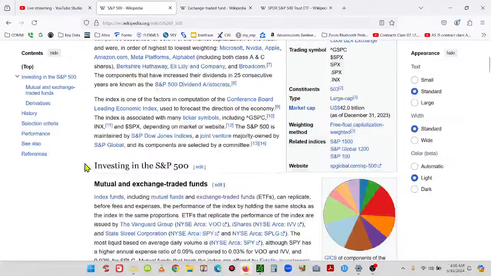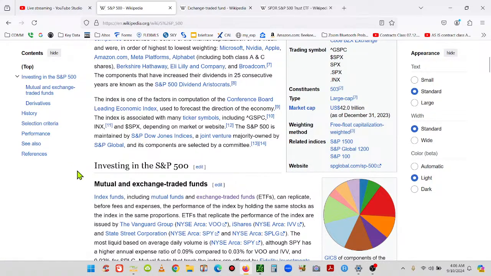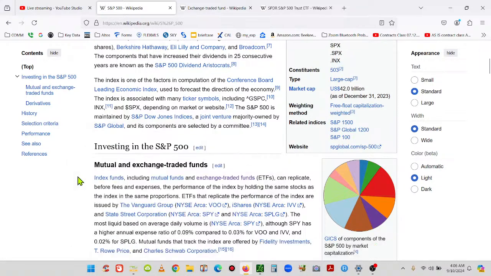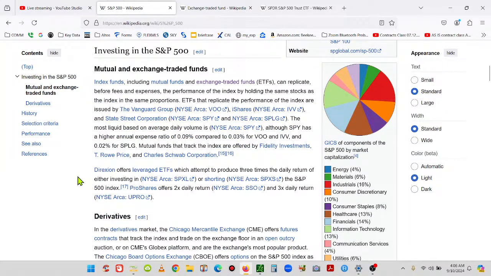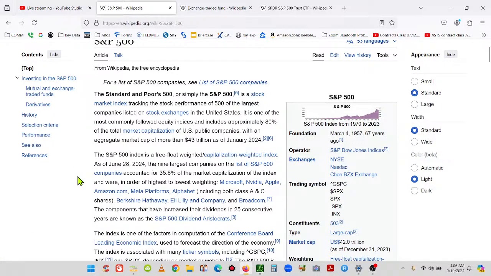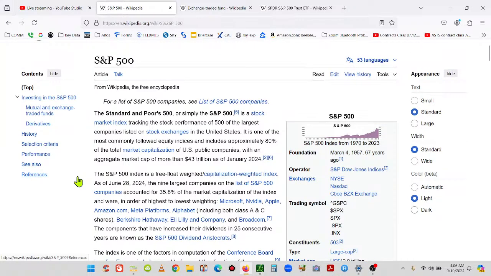Okay, so the S&P is maintained by S&P Dow Jones Indices. It's owned by S&P Global, right? So your stock represents something that's in an index, okay? If you have a stock, it's in one type of index or another, okay?